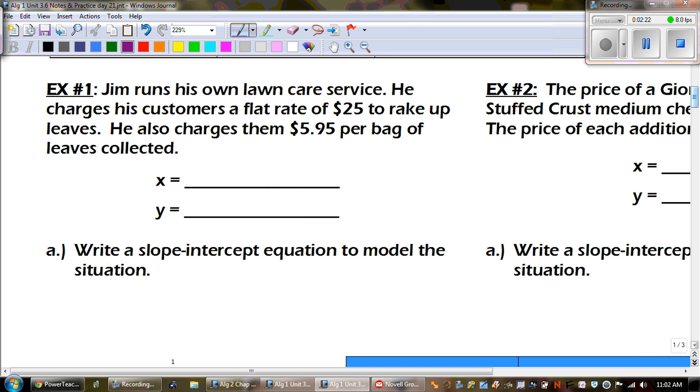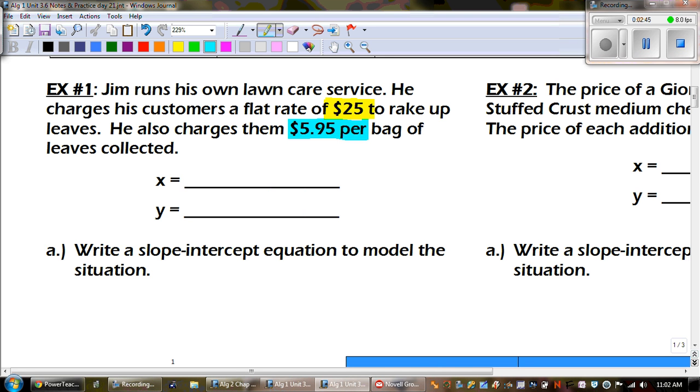So Jim runs his own lawn care service. He charges his customer a flat rate of $25 to rake up leaves. He also charges them $5.95 per bag of leaves collected. So we've got $25 and then $5.95 and the word per.